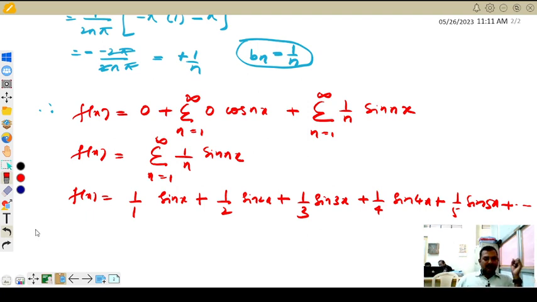So now we can substitute x equal to pi by 2. If I substitute x equal to 0, sin is 0. If I substitute x equal to pi, sin pi is also 0.